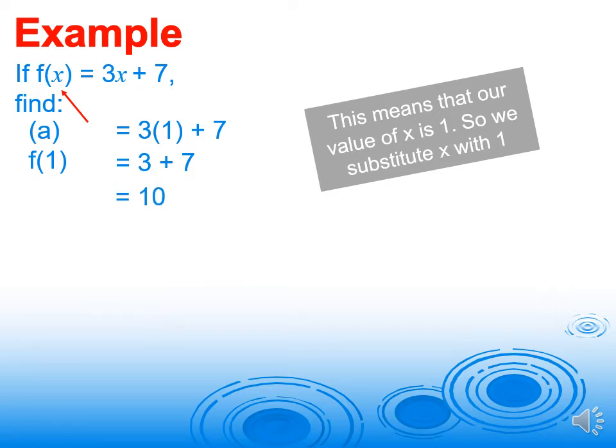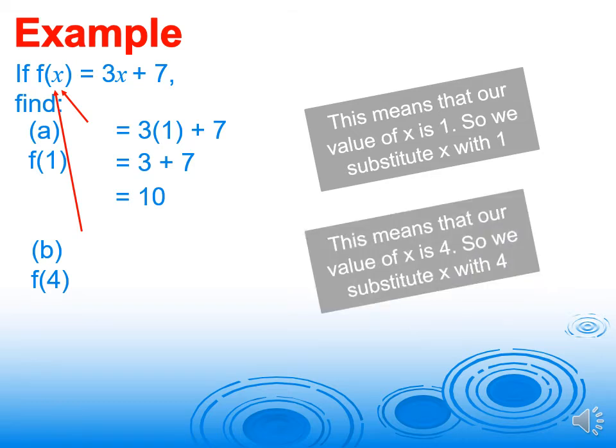So f of 1 equals 10. How about f of 4? Once again, we replace the x with a 4. So we get 3 times 4 plus 7, which is 12 plus 7, which is 19.